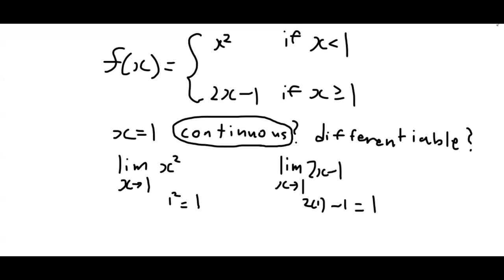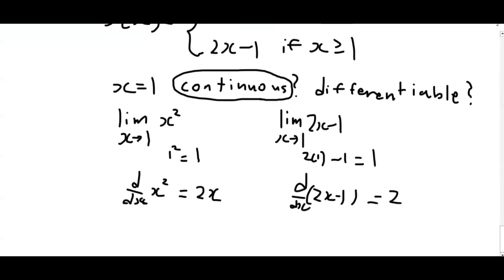However, now we need to check if it's differentiable. So what we do is I'm going to go ahead and take the derivative of x squared with respect to x and the derivative of 2x minus 1 with respect to x. So d/dx of x squared is equal to 2x, and d/dx of 2x minus 1 is equal to 2.